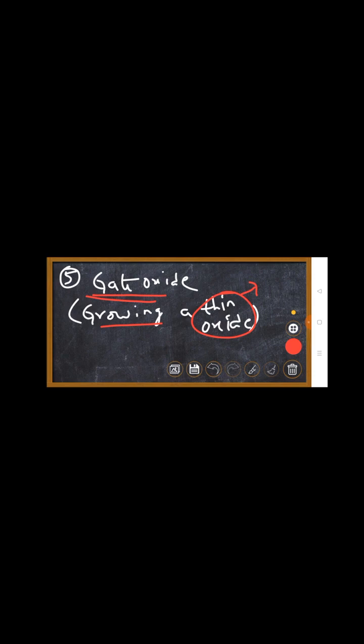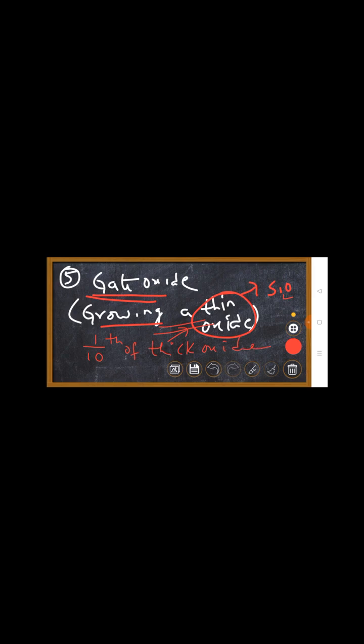In the second step, you formed an oxide, silicon dioxide. Observe very carefully here. This silicon dioxide will act as a thick oxide. This we have to use as a thin oxide. That means this thin oxide is approximately 1/10th of your thick oxide.